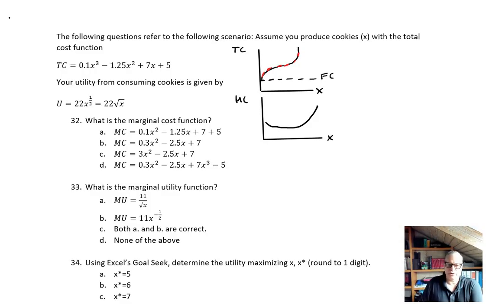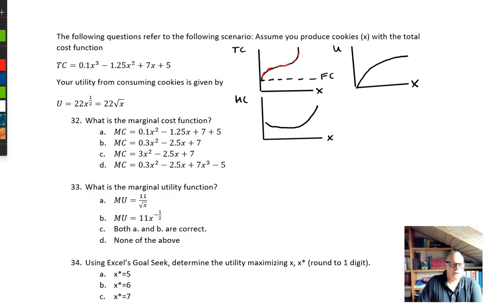Okay, so then we have a utility function, and we know a utility function should increase at diminishing rates. So we have here x, total utility, and it should be something like this. And here if we take a look at the marginal, we see initially the slope is really high. That means if we increase consumption by a little bit, then we get a lot of utility.